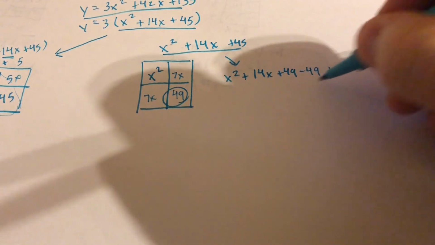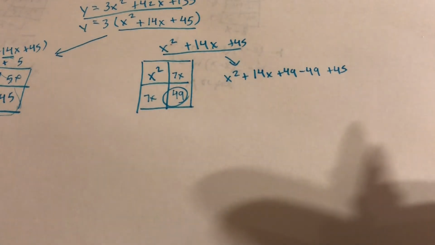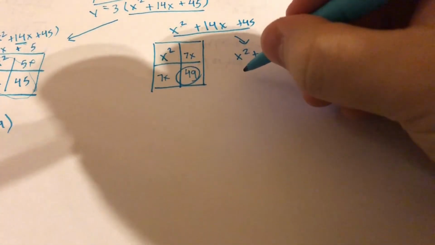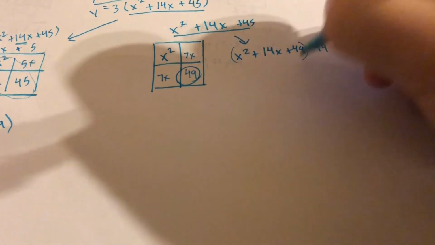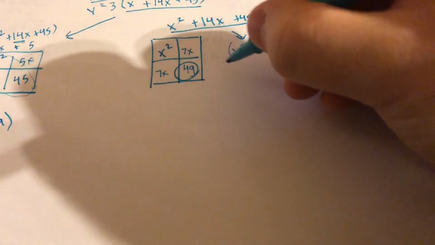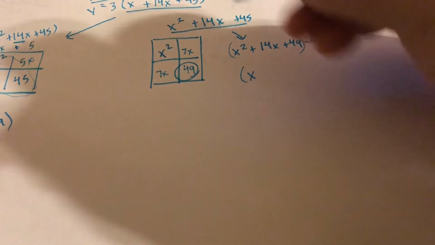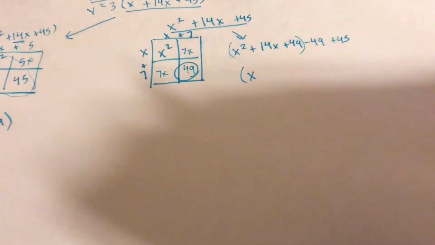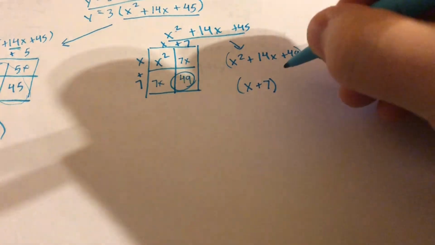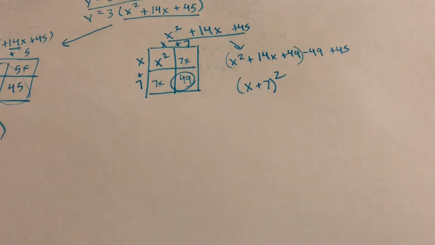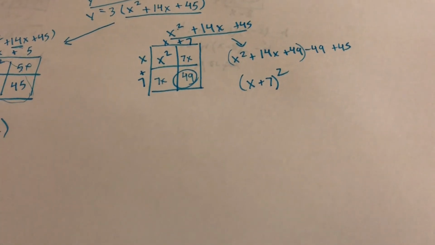So this will help us really change it into that vertex form, okay? So now I have these 3 terms which are going to form that complete square of dimensions x plus 7 and x plus 7. That's what we want. We want to have equal length and width here. And that's how we get this, okay?